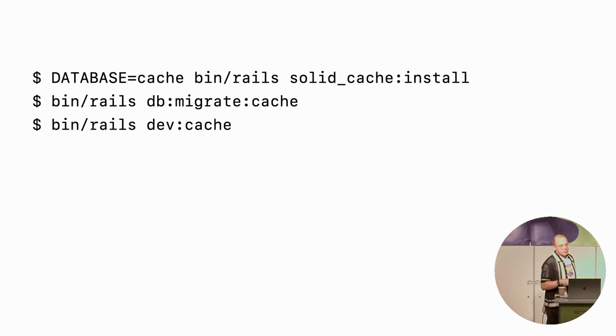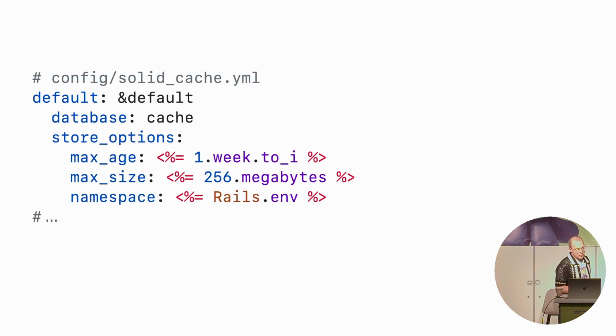We want to run the same stuff. When we install Solid Cache, tell it about the database. When we migrate it, tell it about the database. For making sure that you are actually running caching correctly in development, you need to tell Rails that you want to do caching in development. That's the command. And Solid Cache has its own configuration. This is a slight difference between Solid Cache and SolidQ. Don't ask me why.